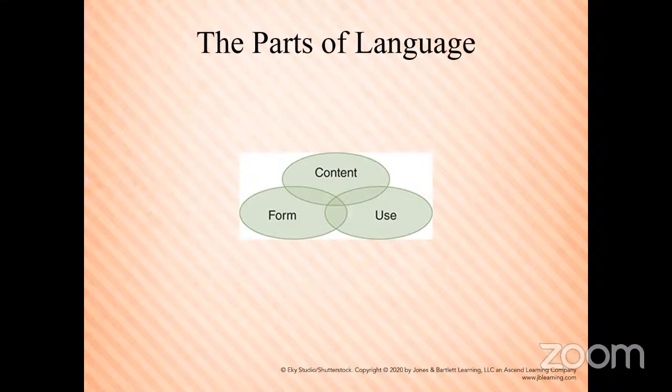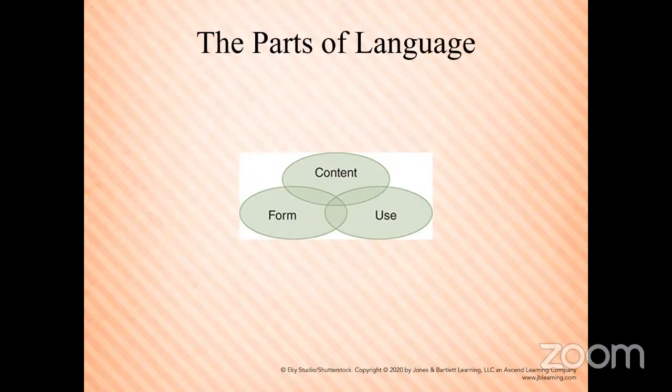That's how we understand it. That is the content. The form, or the grammar, refers to the shape and structure of the language. This involves sound structure, that is phonology, morphology, which is word structure, and syntax, the phrase and sentence structure. These 3 components make up the form.